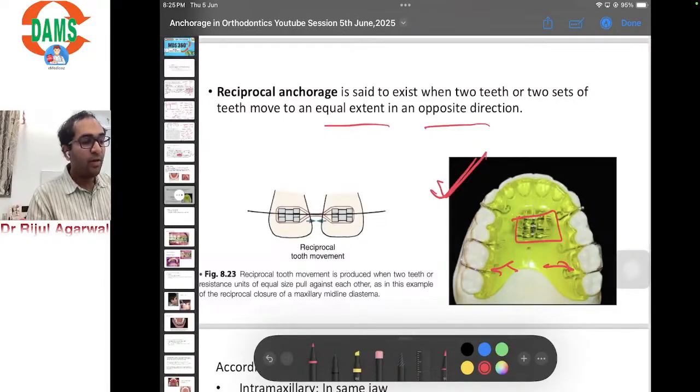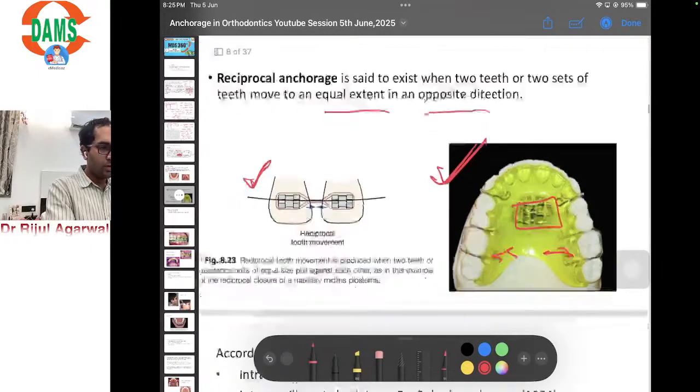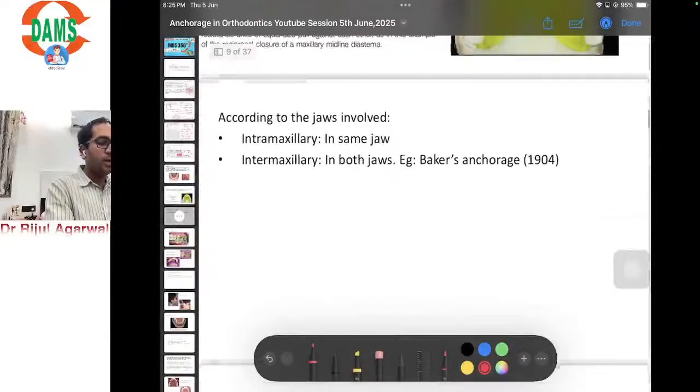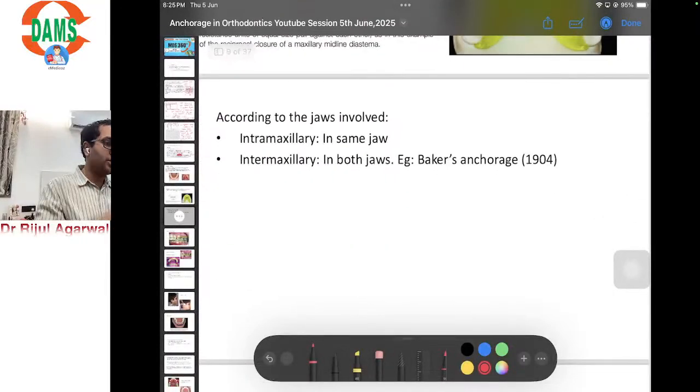Next example, when we close the midline diastema using an elastomeric chain. This is a very common example that they used to ask in earlier exams. This was the first classification of Salzmann. If there is any doubt up to here, please ask, otherwise I'll move ahead to the next classification system.